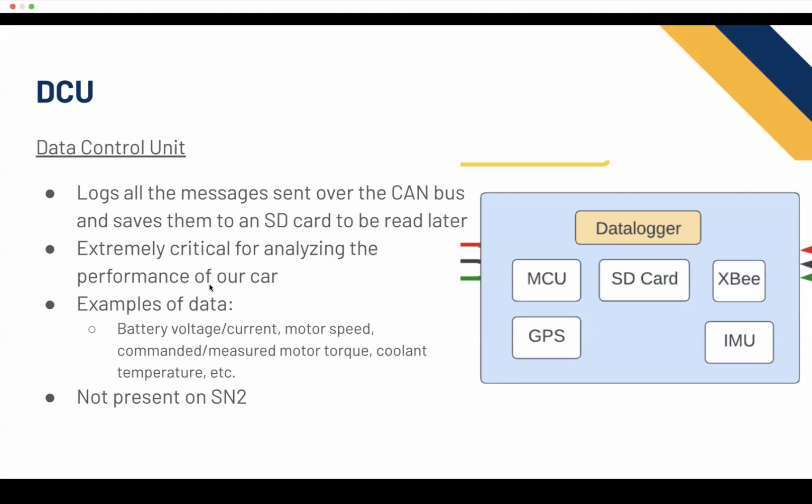And this is probably the most important board for car improvement year over year, because you need to get every single piece of information you can off of the previous car in order to know how to improve it for the next one. Some things it collects are battery voltage and current, motor speed, commanded versus measured motor torque, which is actually where we found a big issue last semester.